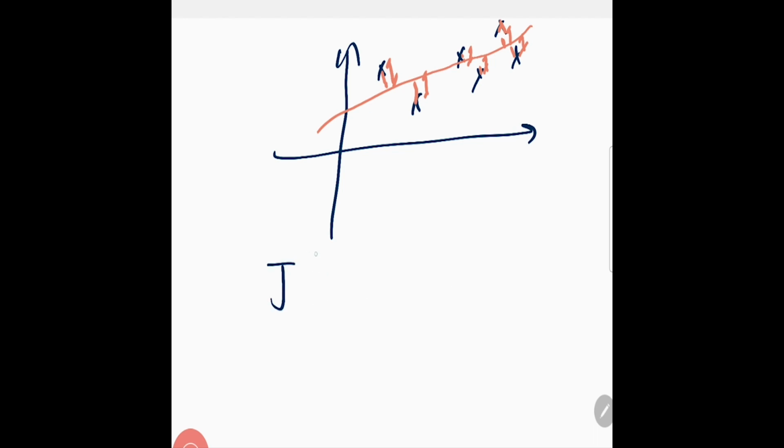So J will be equal to 1 over 2m multiplied by the summation starting from i is equal to 1 and up to i is equal to m of the individual squares of errors.